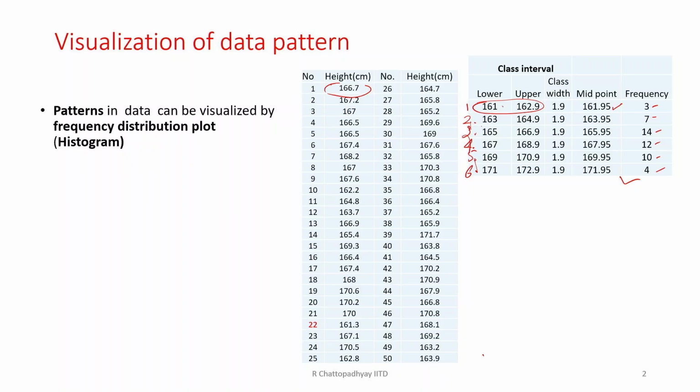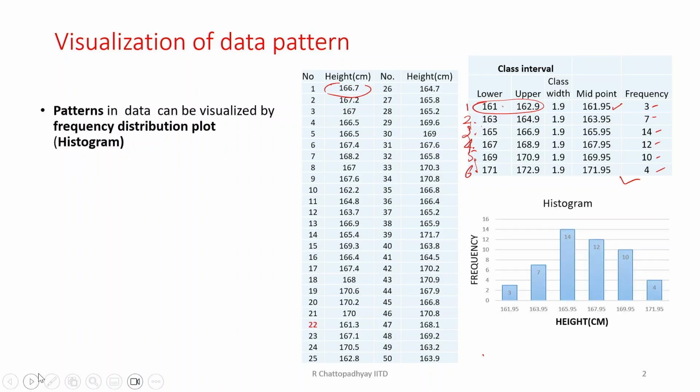So we get the lower and upper limits of the classes. Class widths are fixed, and within each class, these are the frequencies that are available. So this is the frequency values of different class intervals. Now we can plot it in the form of a histogram.